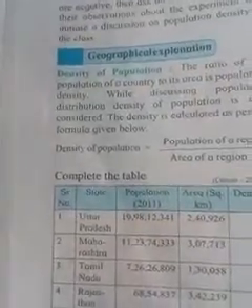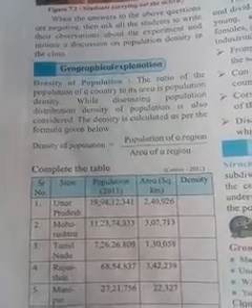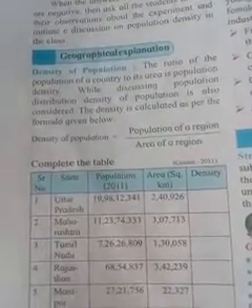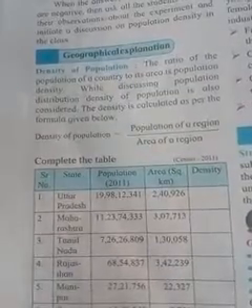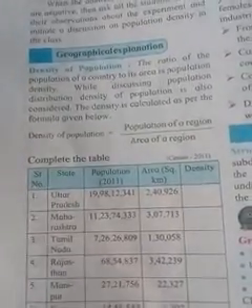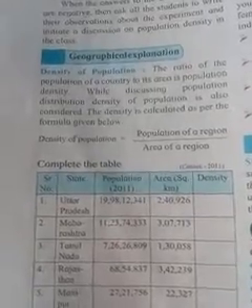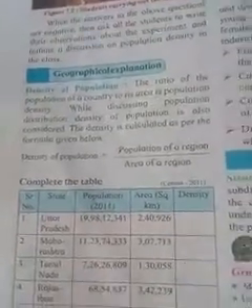Then density of population. The ratio of the population of a country to its area is the population density. While discussing population distribution, density of population is also considered. The density is calculated as per the formula given. Next point is the density of population.